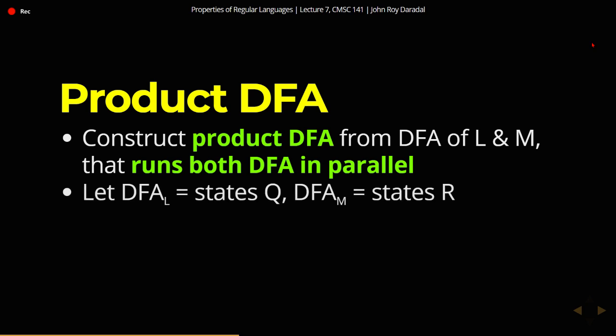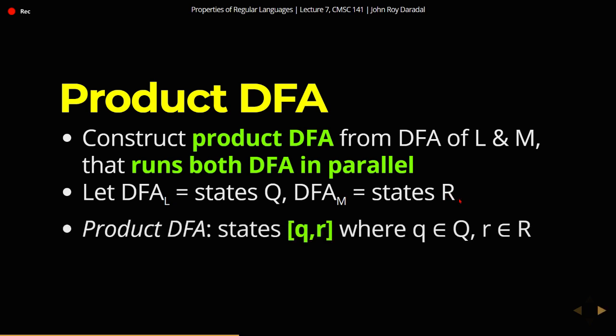Okay, so how do we construct this product DFA? Let's say the states of the DFA of L, the first DFA, are denoted by Q, and the states in the DFA of M are denoted by R. The states in the product DFA are of the form QR, wherein Q is part of the set of states in the first DFA, and R is part of the set of states in the second DFA.